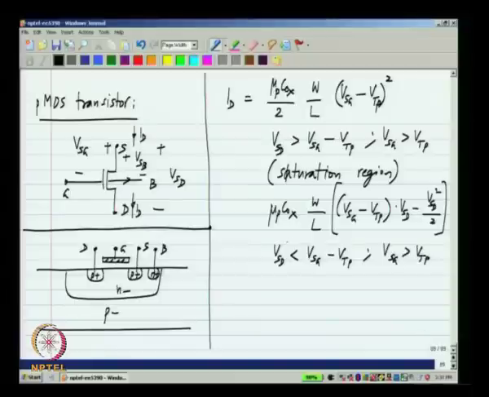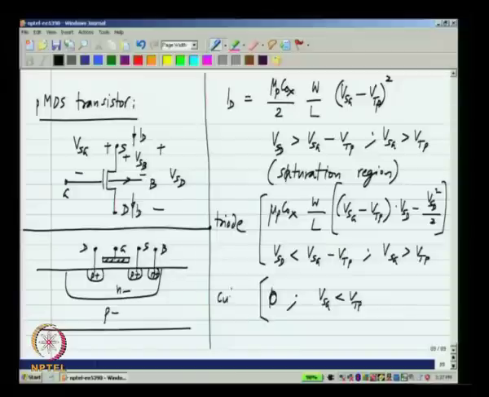Okay. And finally, we will have 0 current when VSG is less than VTP. Okay. So, these correspond to the triode and cutoff regions respectively, right.